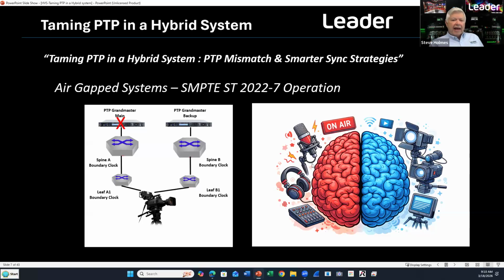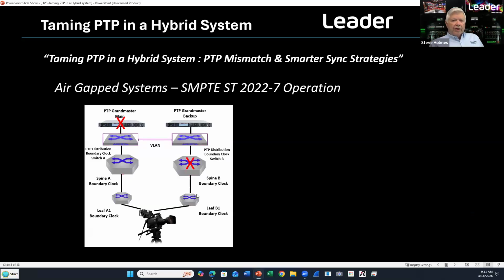But if you happen to have a catastrophic failure where now you lose your blue network, so our red and blue networks, guess what? I have no way to get PTP to this receiver, even though I have a valid data path on my red network, but it has no PTP in it.